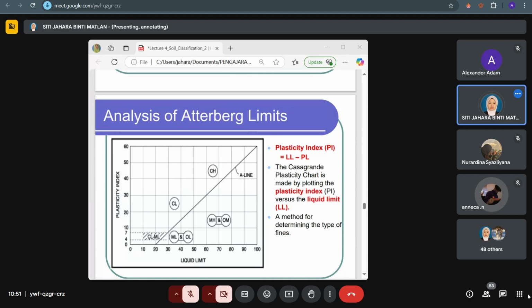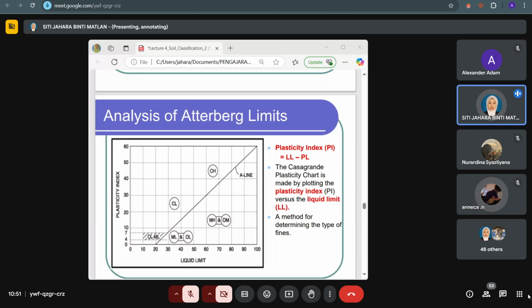For example, CL represents low plasticity clay. CH represents high plasticity clay, and ML is described as low plasticity silt.